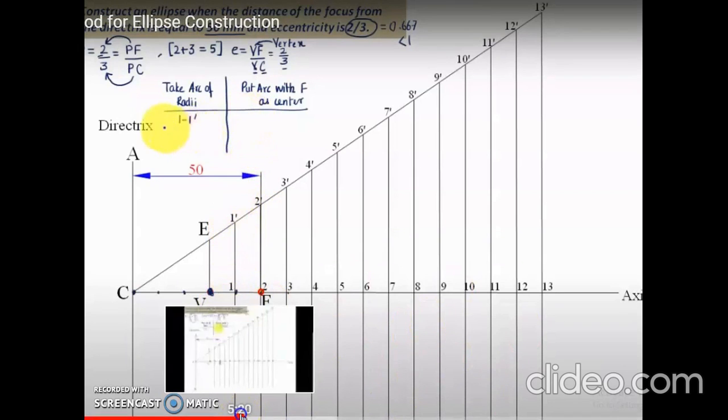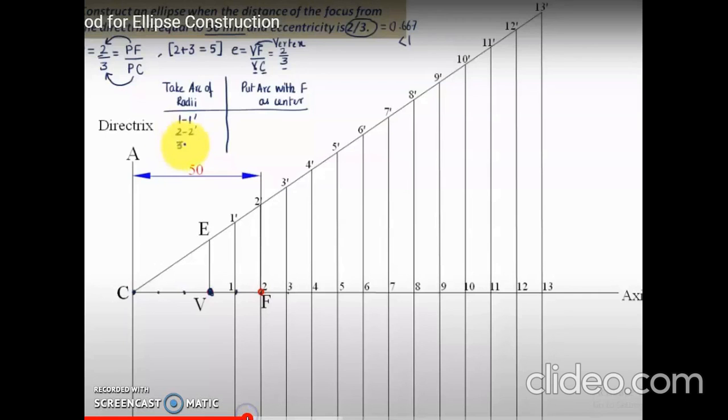Once again, see here. This is 1 dash as the radius, F is the center point, and this is an arc. Draw an arc on both sides of the axis line like this. Then 2 dash as the radius, draw an arc on both sides of the axis line.